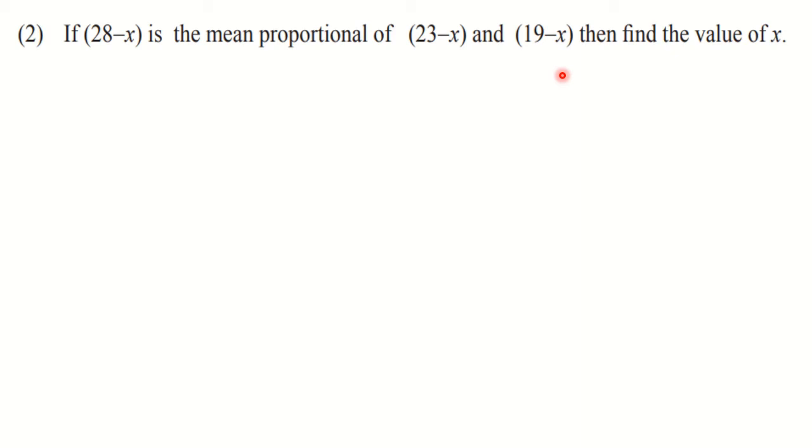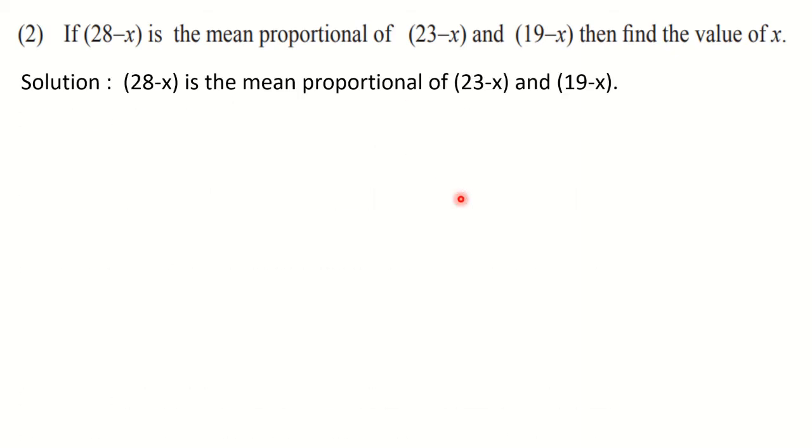So let us write down the same statement as it is as the first line of the solution, that 28 minus x is the mean proportional of 23 minus x and 19 minus x. Now somewhere in the digest or whatever you have, target and all, you will find that this question is changed.